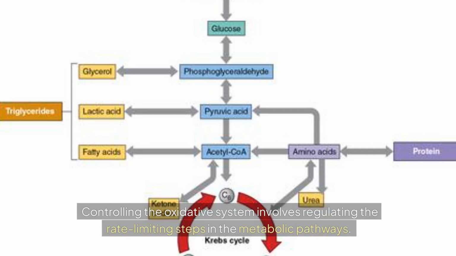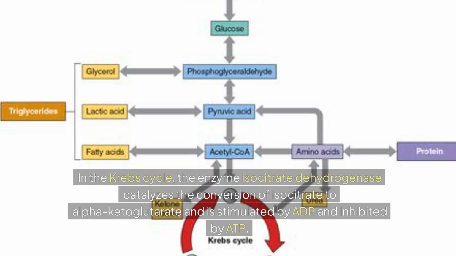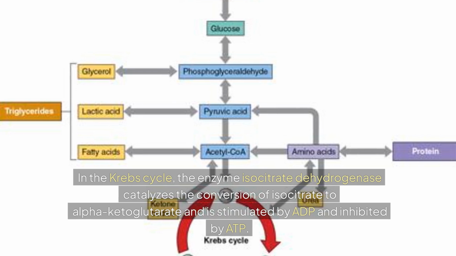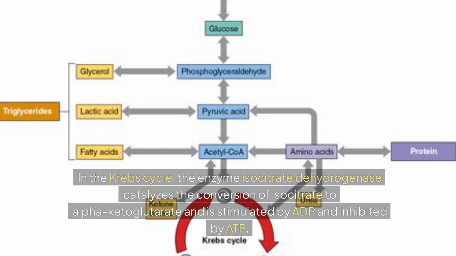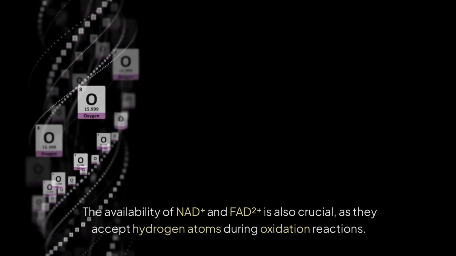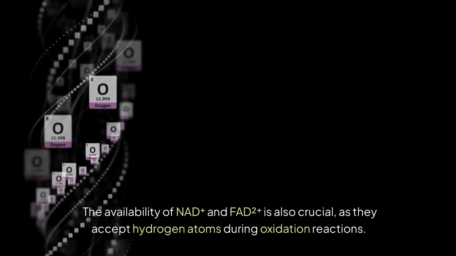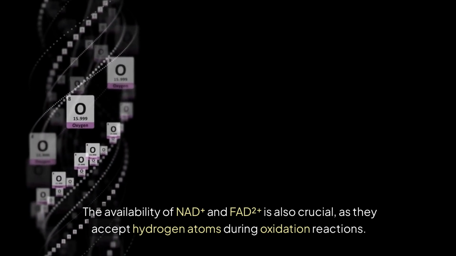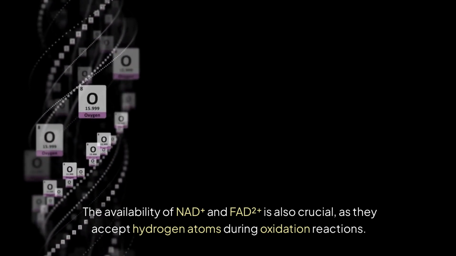Controlling the oxidative system involves regulating the rate-limiting steps in the metabolic pathways. In the Krebs cycle, the enzyme isocitrate dehydrogenase catalyzes the conversion of isocitrate to alpha-ketoglutarate and is stimulated by ADP and inhibited by ATP. The availability of NAD+ and FAD2+ is also crucial as they accept hydrogen atoms during oxidation reactions.